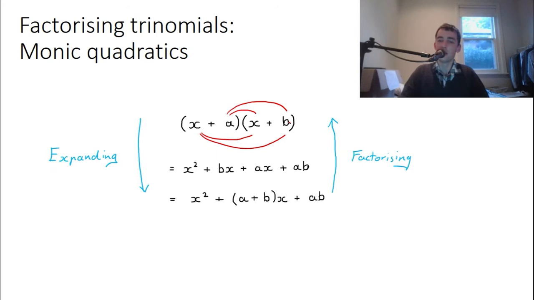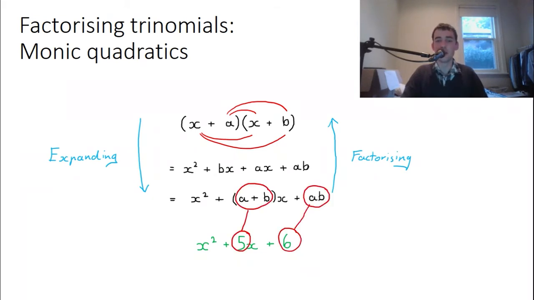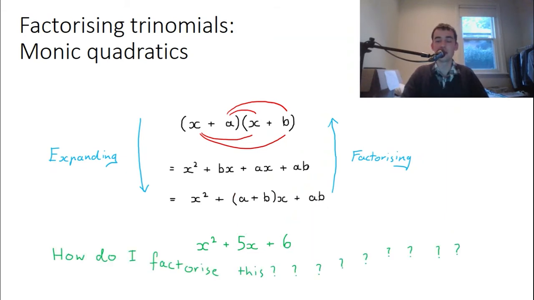Now, you might be thinking this is all a little bit different to x squared plus 5x plus 6. I don't see how this helps. But I want you to notice that this last thing that we've just expanded to is actually quite similar to our monic quadratic.